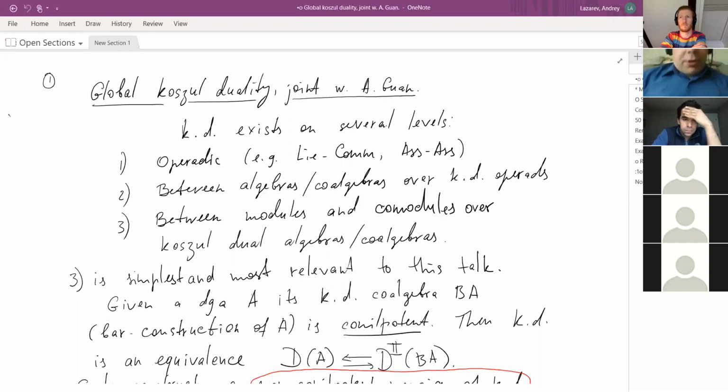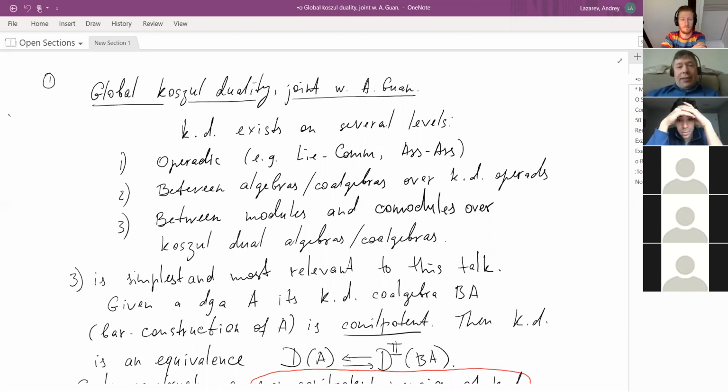Right, so Koszul duality. If you thought about Koszul duality as much as I did, then you realize that it's kind of pervasive. It exists on many levels, and it's kind of ubiquitous in the whole of algebra and geometry.